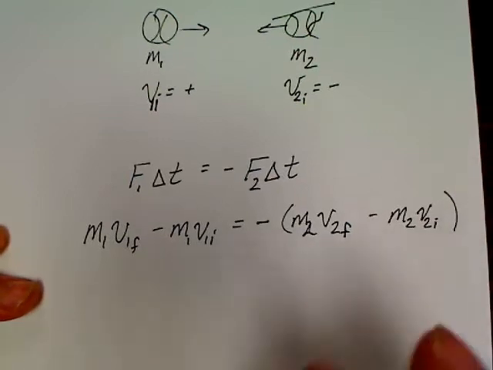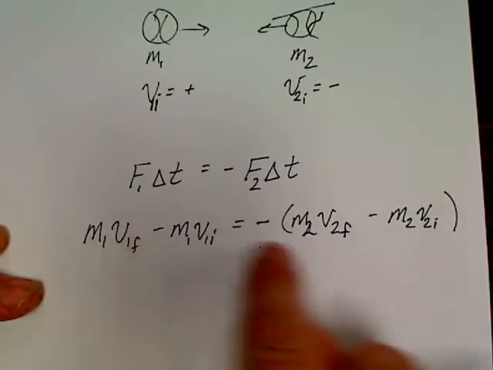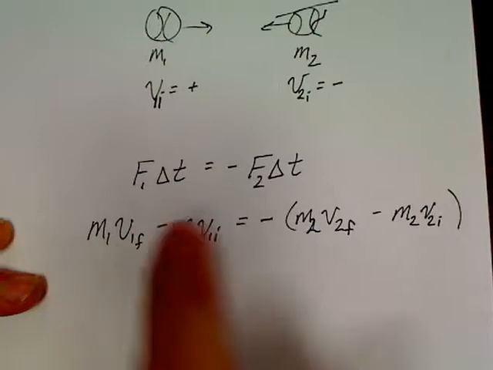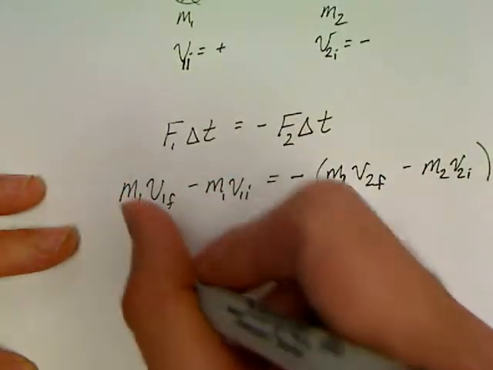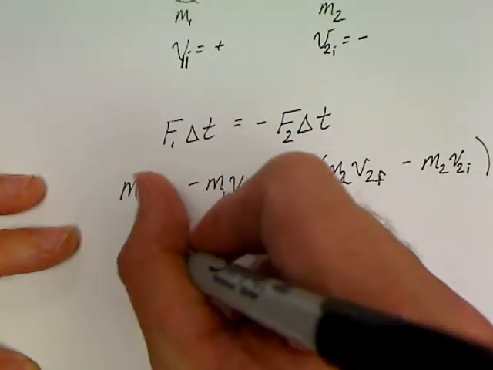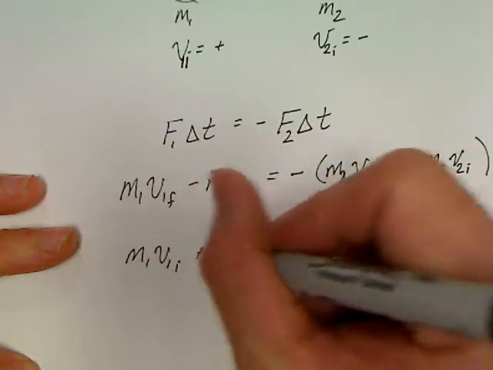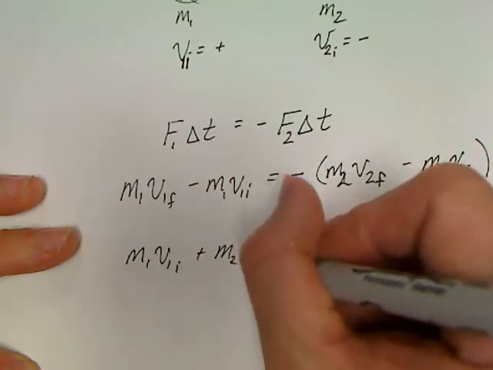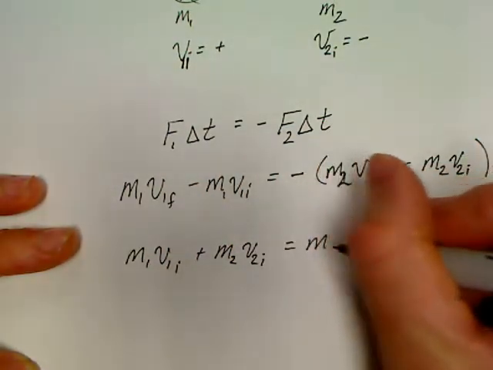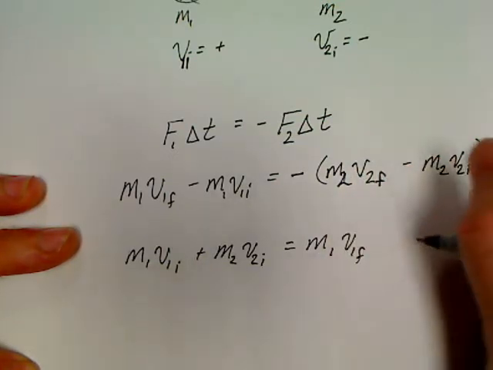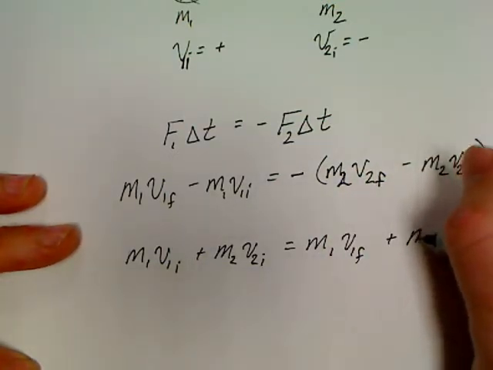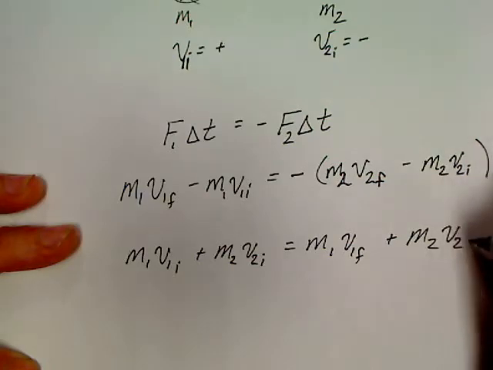But anyway, we can take this equation, distribute, and rearrange everything. This is how we generally write it: M1 V1 initial plus M2 V2 initial equals M1 V1 final plus M2 V2 final.